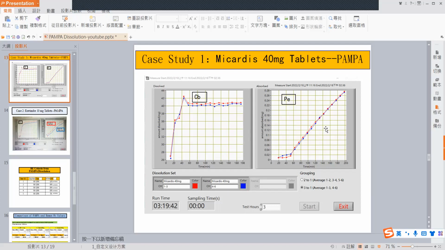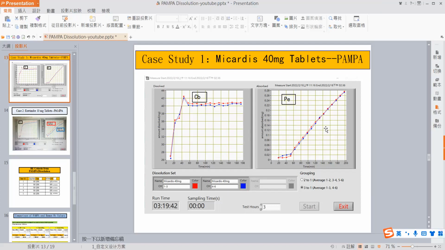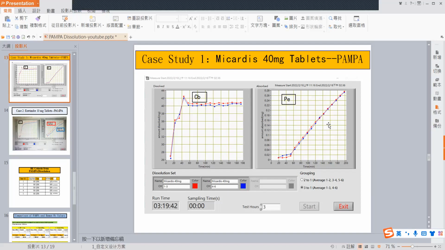If the machine design isn't correct, then you cannot predict the drug difference, right? So in this case, we can see clearly that the dissolution and the permeation are all the same with respect to the same lot of drug.